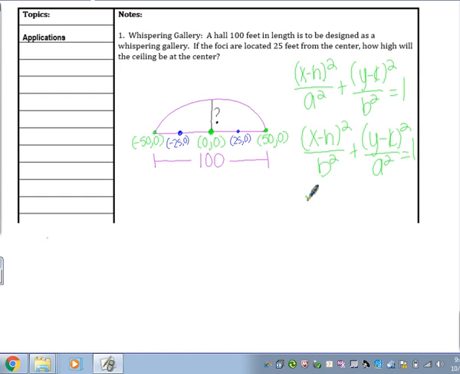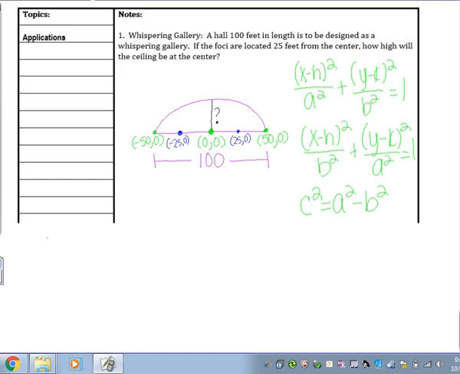And then we also have c squared equals a squared minus b squared. Any of these equations might be used in the application problems. So we need to figure out what it's asking, what parts I have, and go from there.